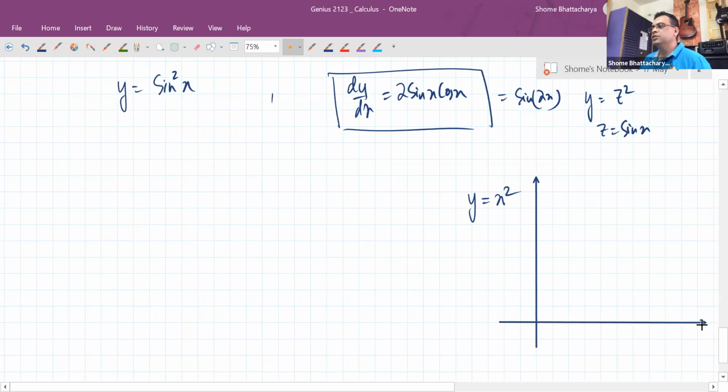Then the shape of the graph will be something like this, let's say. So if this is 0, this is 1, this is 2, this is 3, this is 4, this is 5, like this. On the y-axis, this is also 1, this is 2, this is 3, this is 4. So this graph will go through this point and then this point and then some point much above. So the shape of this graph will look something like this.